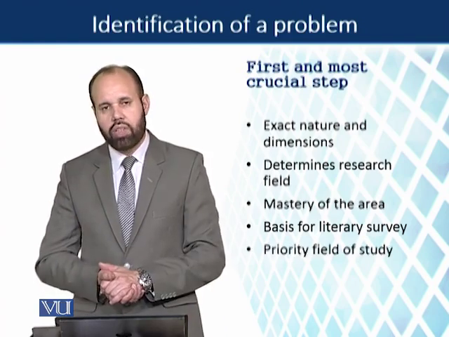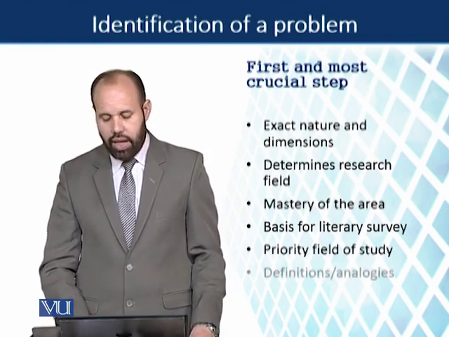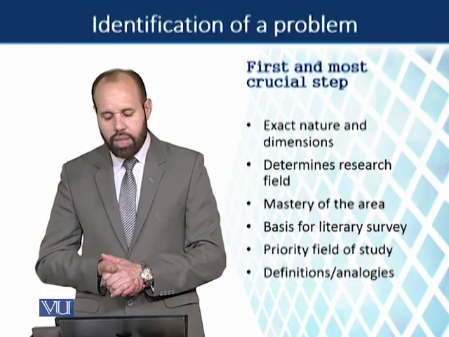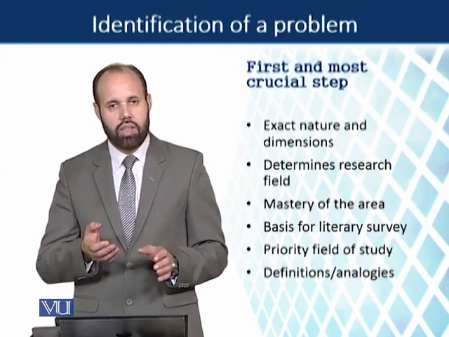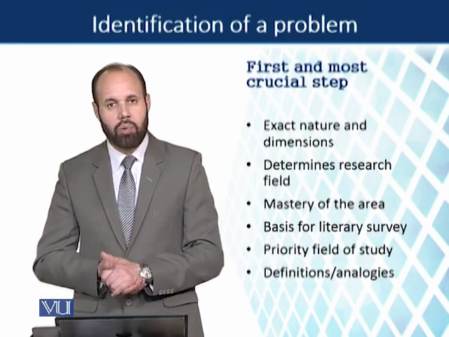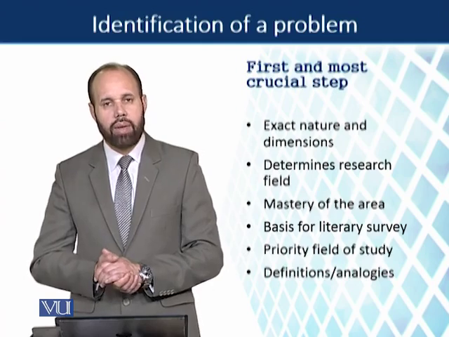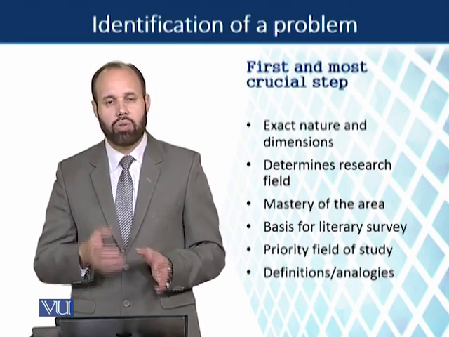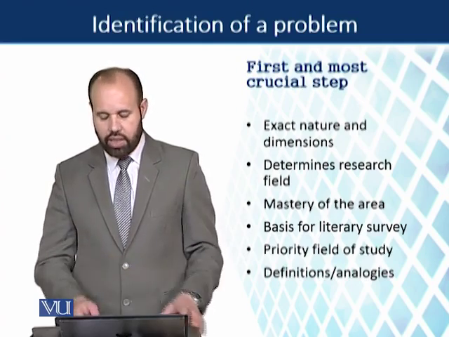Then we would also know what the priority area of research is, what we are going to study, and then we would be providing definitions for describing the problem, for the understanding of the problem. We may need definitions, and we may also need analogies. We would definitely need examples for the understanding of the problem.